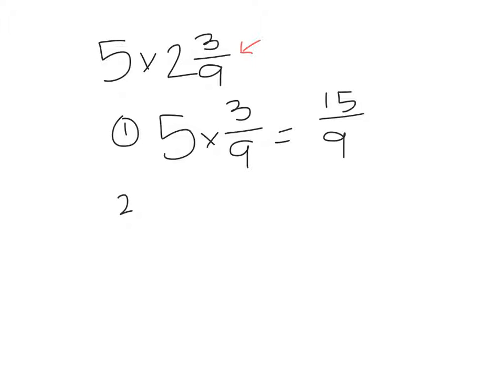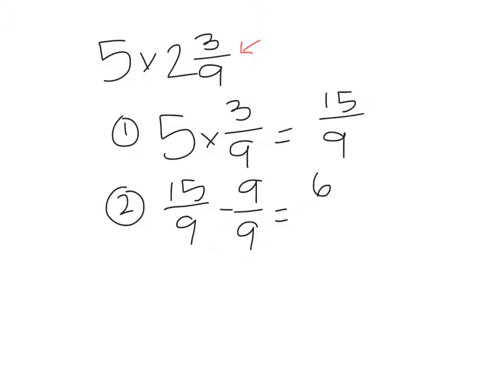My second step is to rename that fraction. So 15/9, and I'm going to take away my whole to get 6/9. I can simplify this fraction, so I'm going to do so now. I know 3 is the greatest common factor, so I get 2/3.